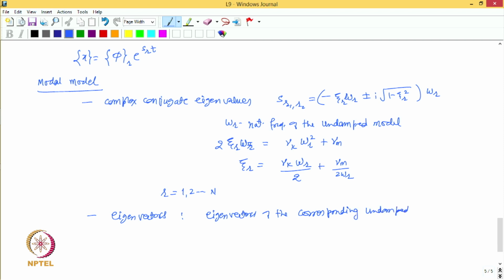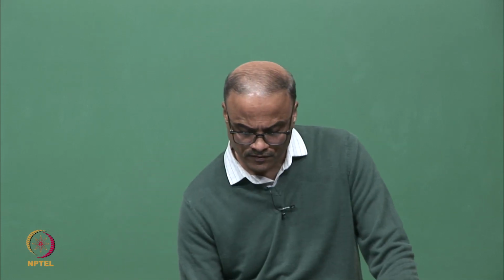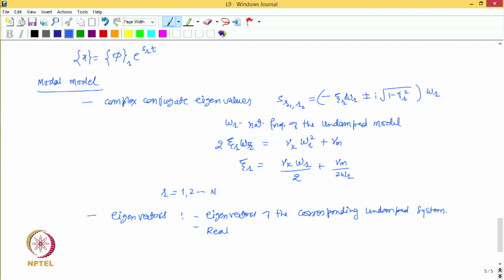The same eigenvectors also make up the eigenvectors of the damped system, the system with proportional viscous damping. Because the undamped eigenvectors are real, the eigenvectors of the multi-degree of freedom system with proportional viscous damping are also real. They are real eigenvectors. So this is how we can define the modal model of the system.